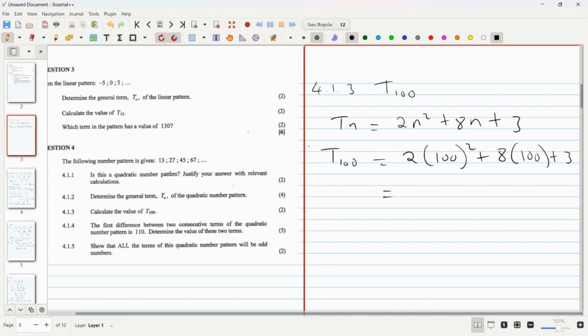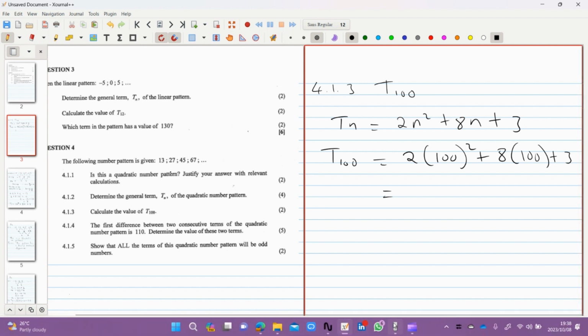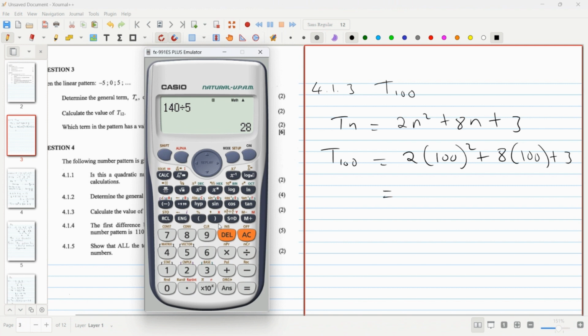Okay, so we can compute this using our calculator. When we use our calculator, 2 times 100 squared plus 8 times 100 plus 3.